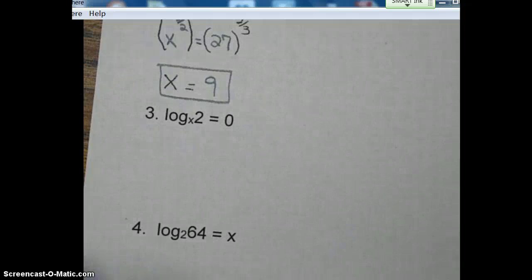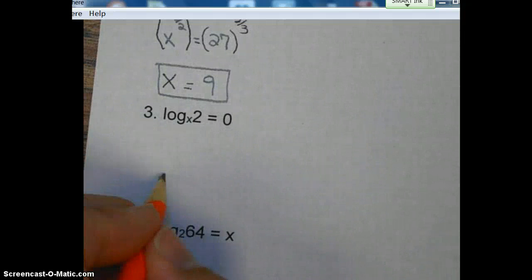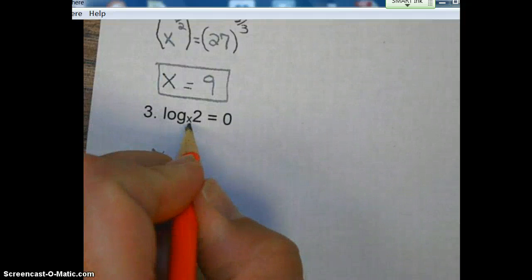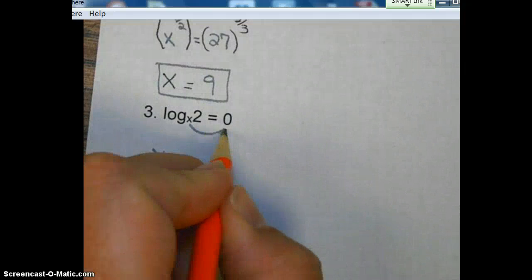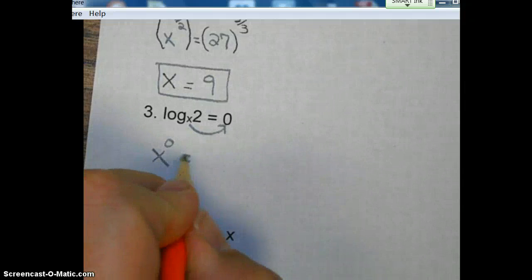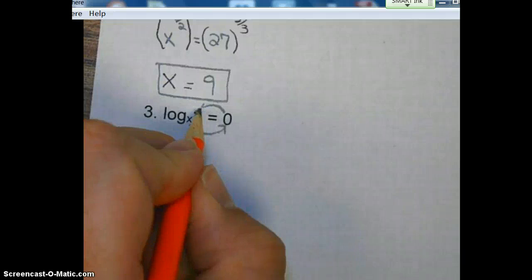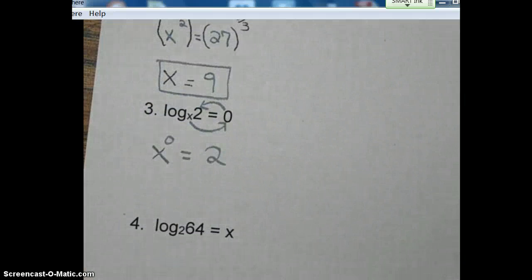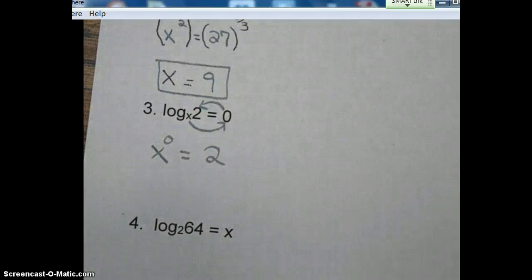Okay, let's take a look at number 3. We write down the base first, raise it to the exponent, and set it equal to the argument. So what do we have here?